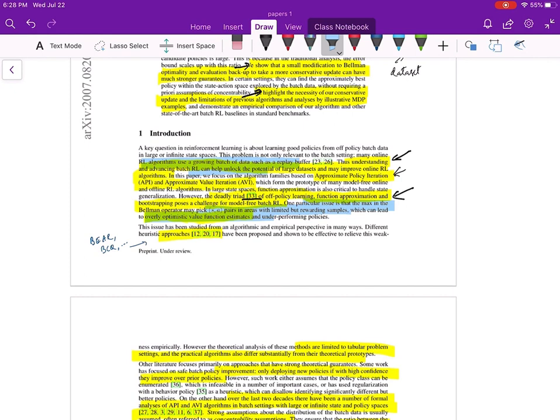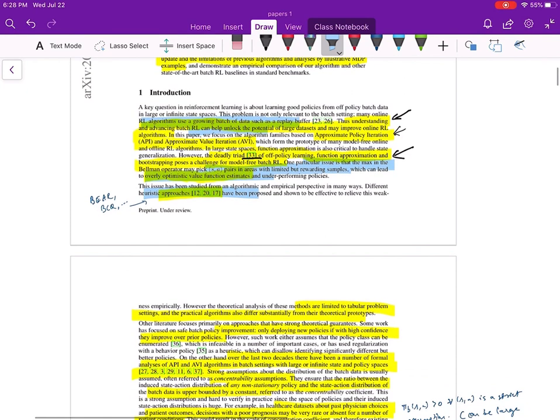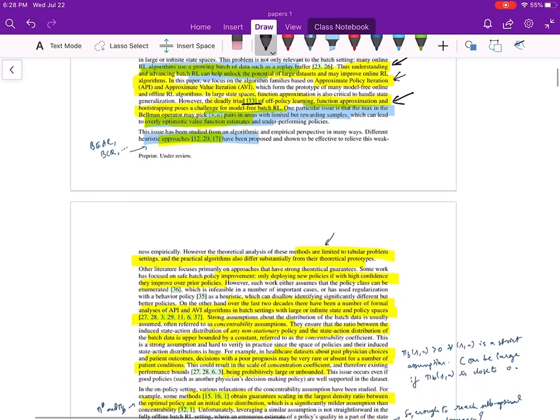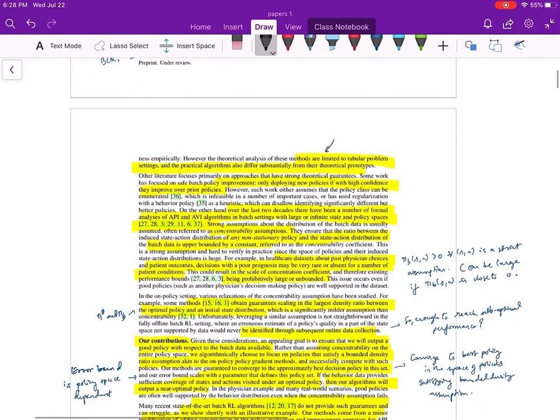Different heuristic approaches have been proposed; they're essentially talking about BEAR and BCQ here. Our theoretical analyses of these methods are limited to tabular problem settings, and practical algorithms also differ substantially from their theoretical prototypes.